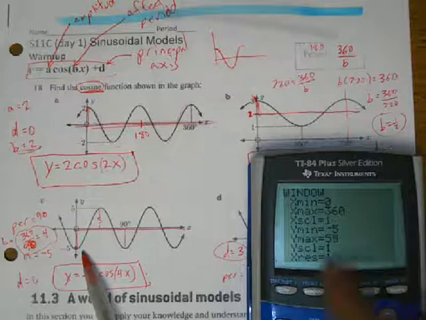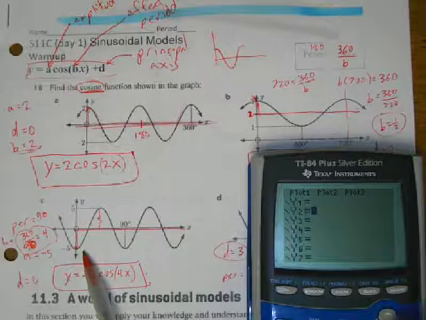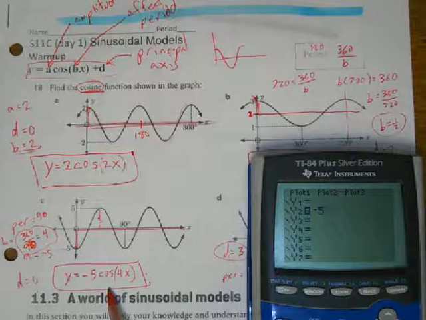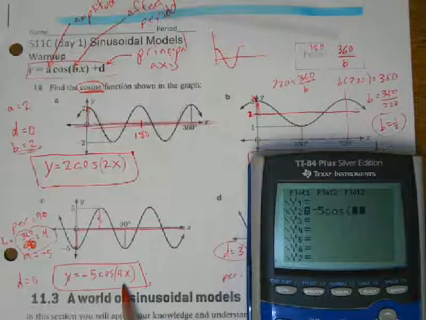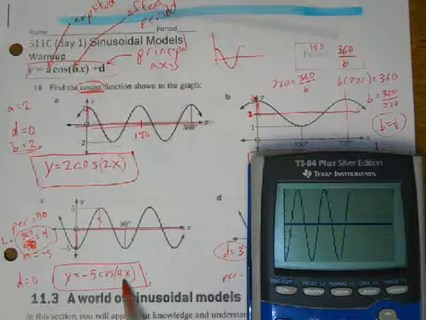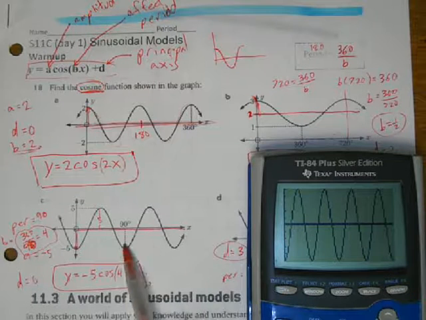And let's type in this equation: -5 cosine 4x, graph. And if B is 4, we should have 4 waves between 0 and 360.